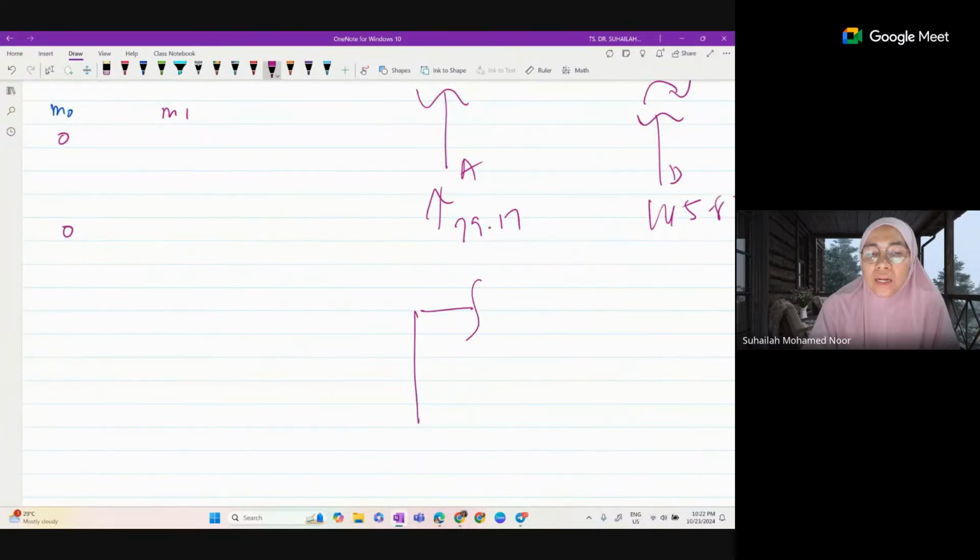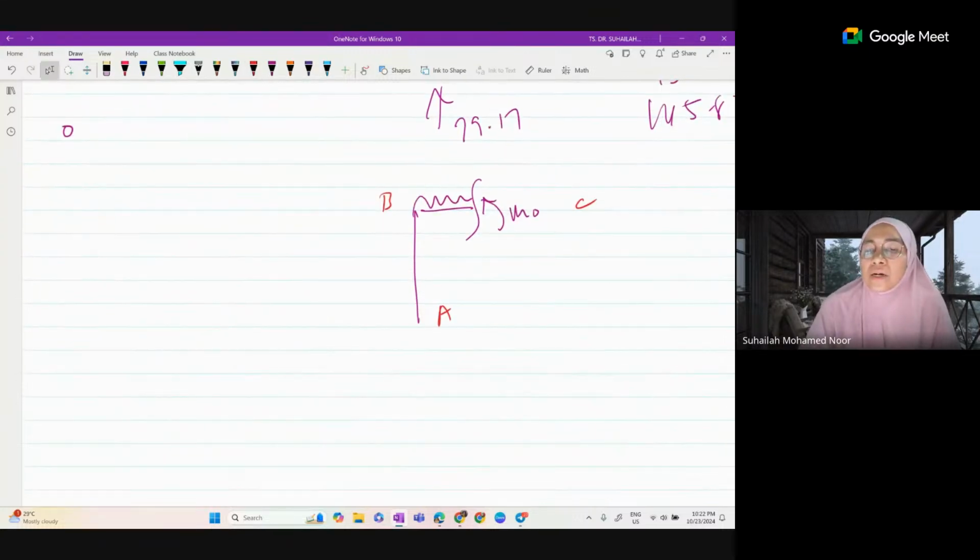So it is like this, UDL, this is M naught, this is A, B, C somewhere here. Okay, AB like this. So we have here 79.17. Okay, so X start from B and at B X is 0. So sini X 0.